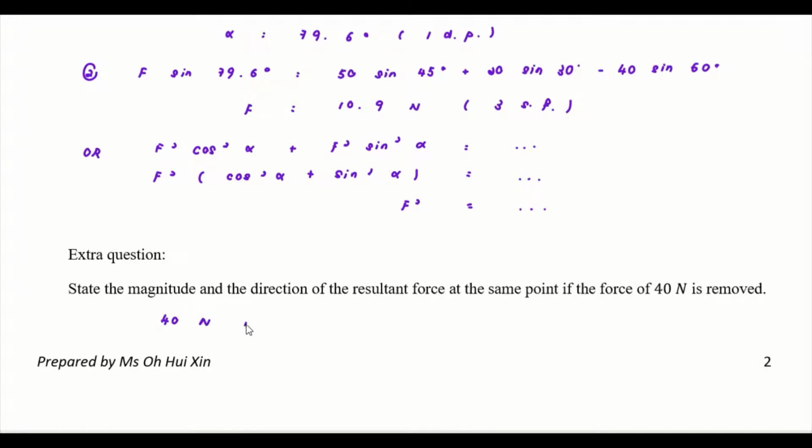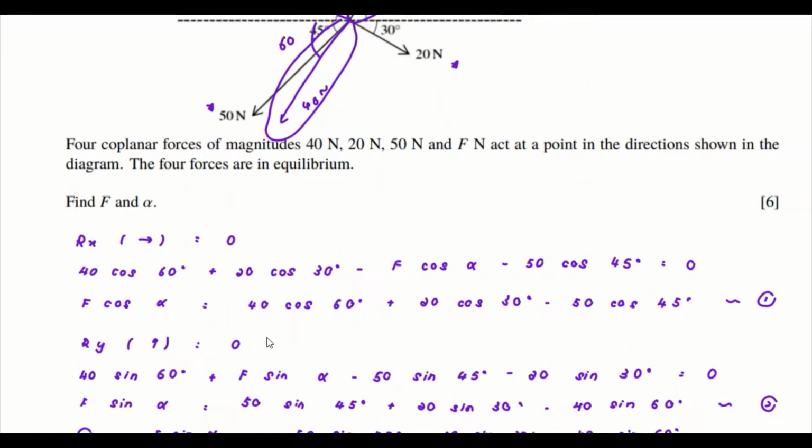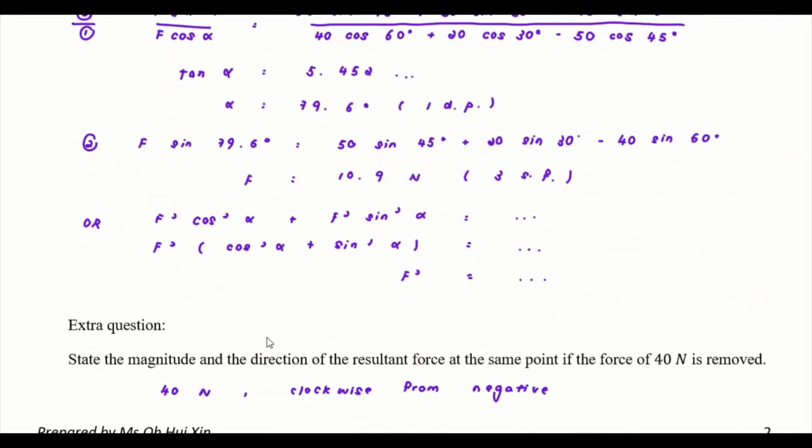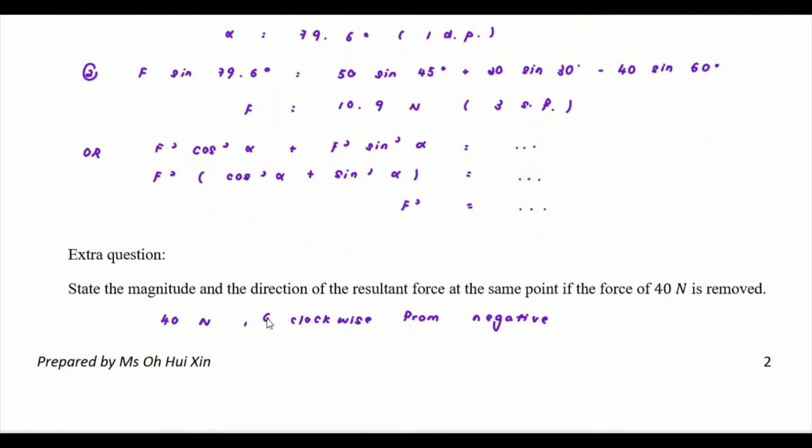And the direction is clockwise from the negative x axis. Okay, I'm sorry, what's the angle just now? Yeah, 40 Newton and 60 degrees, 60 degrees clockwise from the negative x direction.